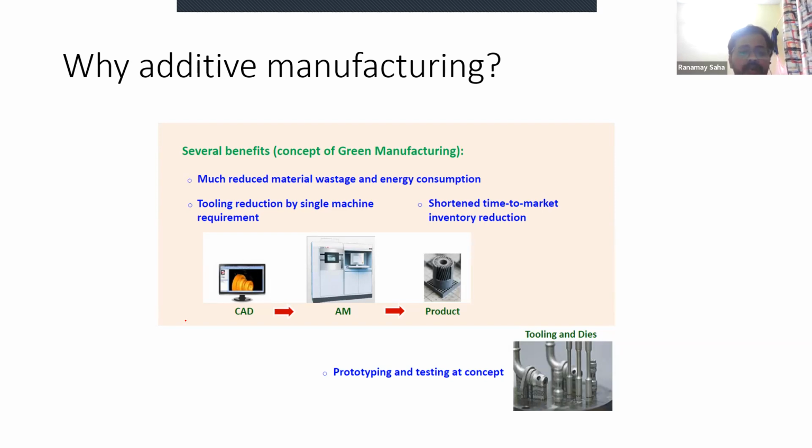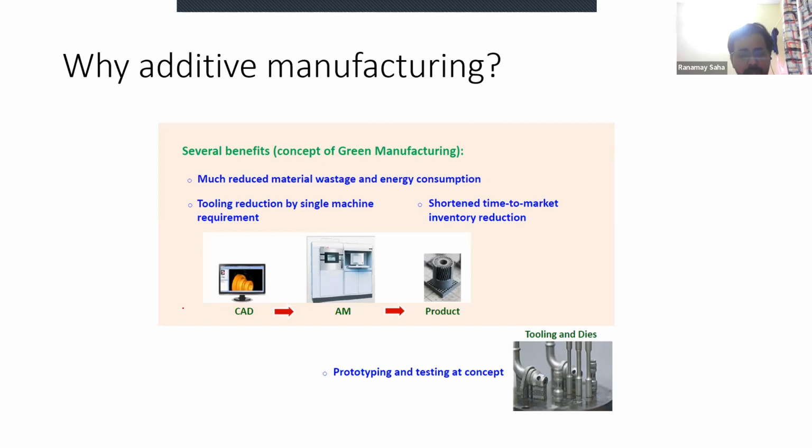Then tooling is reduced because a single machine can make a lot of different structures. Time to market and inventory reduction is there because you don't need a lot of things to develop a particular product.